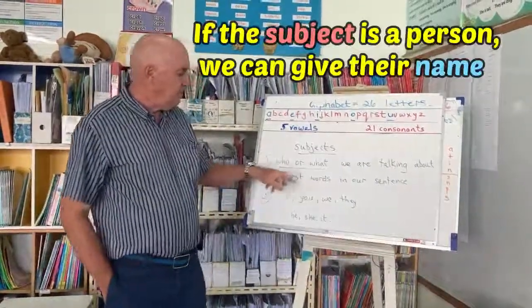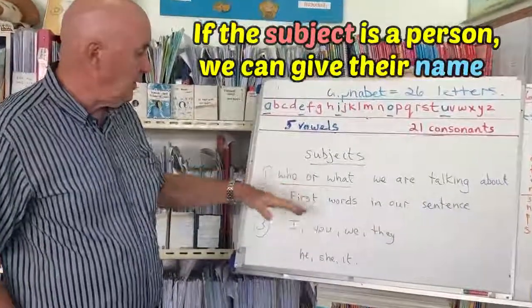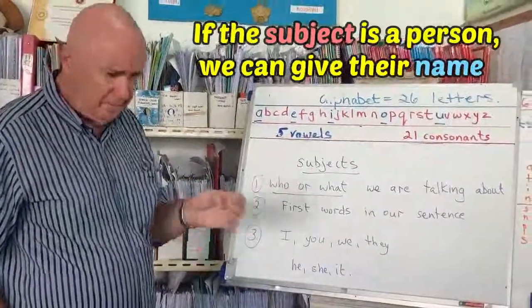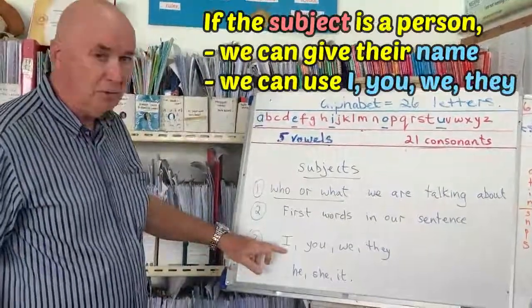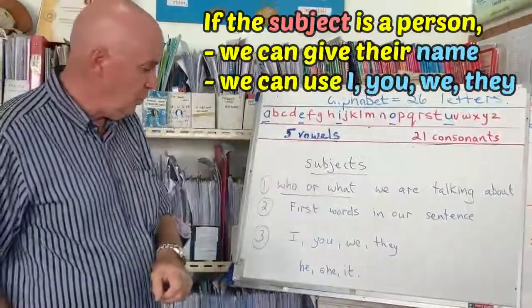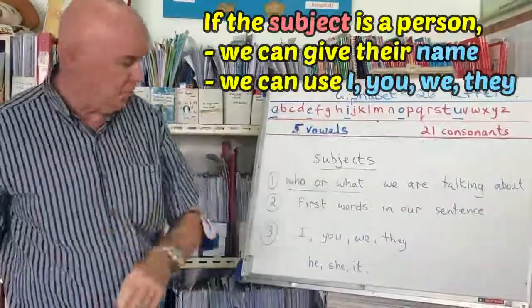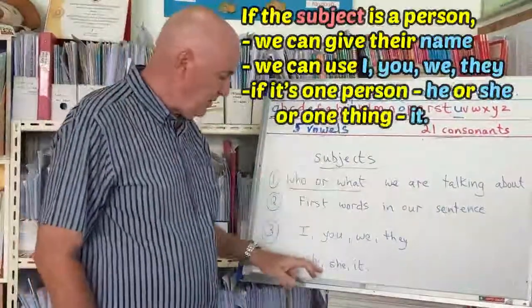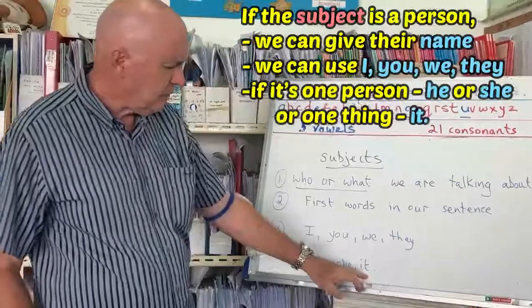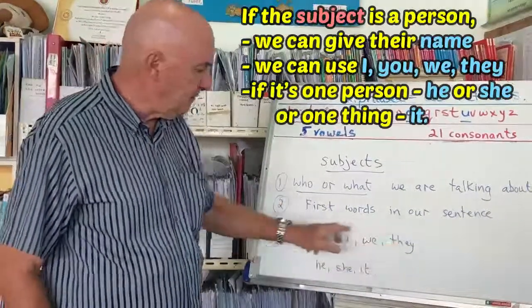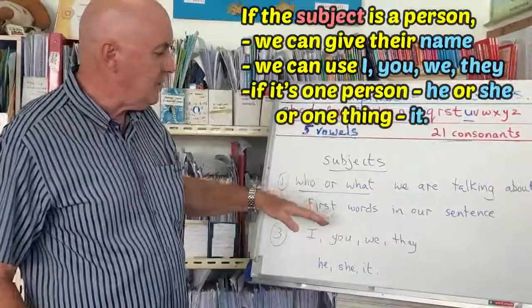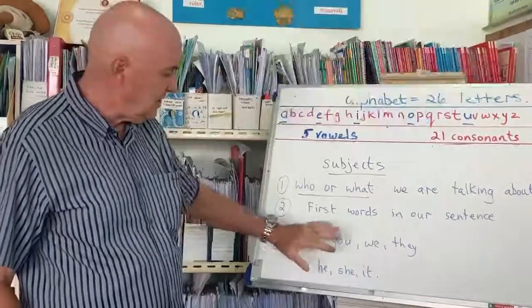And if the subject is a person, we can give their name, but most of the time, instead of using somebody's name, we use I, or you, or we, or they, or if it's one person, he or she, or one thing, it.